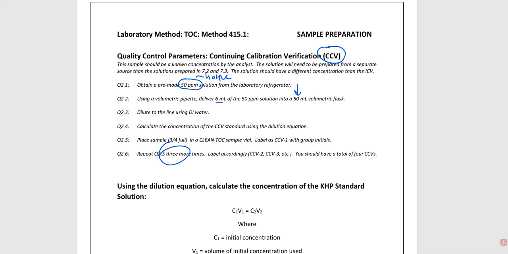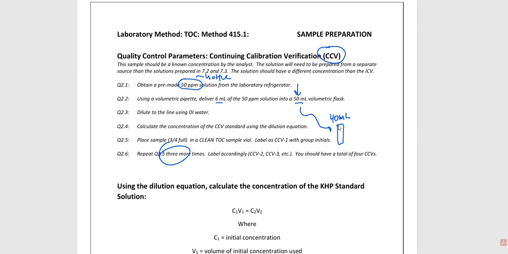So I do want to say, though, in this sample preparation that you are doing with the continuing calibration verification, CCV, these containers, as I told you before, the TOC vials that you're going to be using will hold about 40 milliliters, and you're making 50 here, and you're transferring about 3/4 of the way full. So what this means is that if we've got to prepare more than one of these, then I need to repeat this process more than one time, of course.